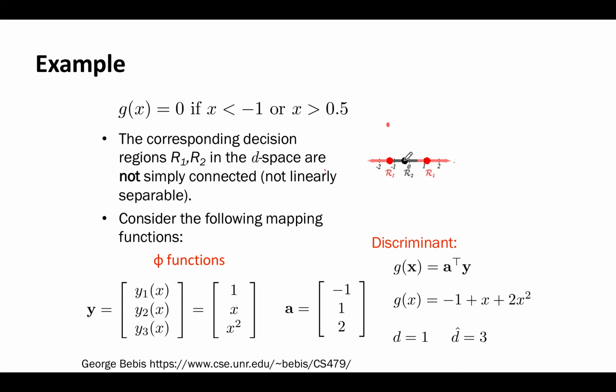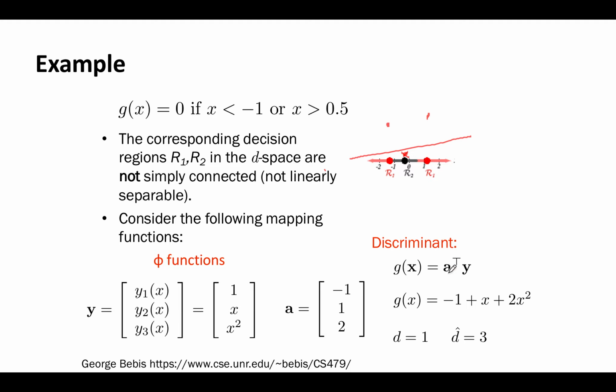Then you give me some x close to 0, and maybe that maps here, and then you give me some point like 1.2 of the other class, and maybe that point maps here. Now in that space, in the space of those possible parabolas that I could have drawn, but I chose one of them, this data is linearly separable, because this is one class and those are the other class.